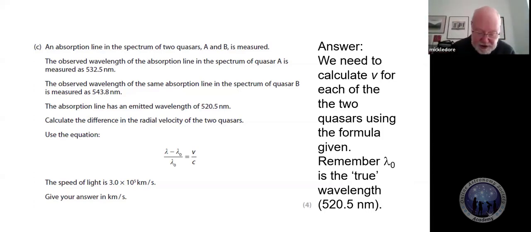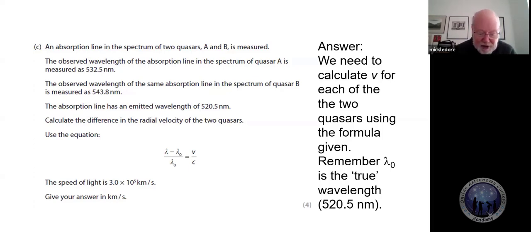Okay, I'm doing the first one. 532.5 nanometers take away 520.5 nanometers, which is 12 nanometers. Divided by 520.5, that's the true wavelength. I get a redshift of 0.02.